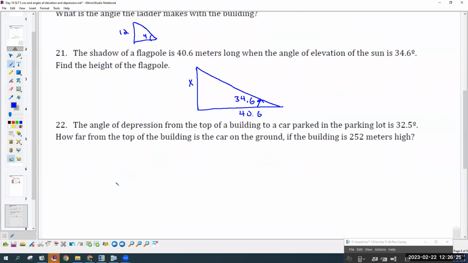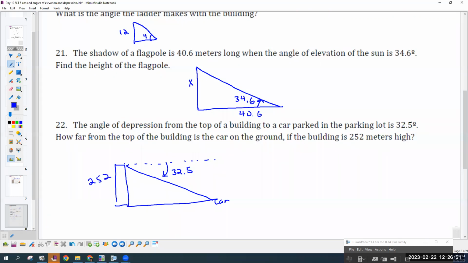The angle, this is the best one. The angle of the depression from the top of a building. Here's my building. Here's the horizontal. Here's the car. I'm not drawing you a car. How far from the top of the building is the car on the ground? If the building is 252 meters high.